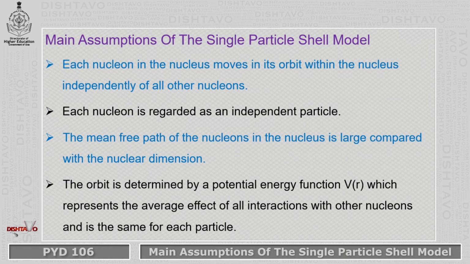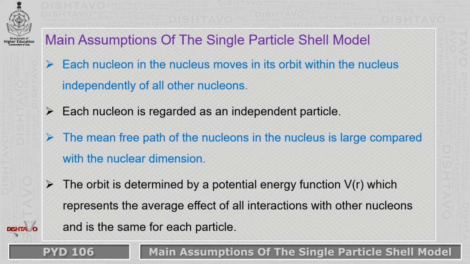The main assumptions of the single particle shell model. Each nucleon in the nucleus moves in its orbit within the nucleus independently of all other nucleons. Each nucleon is regarded as an independent particle.